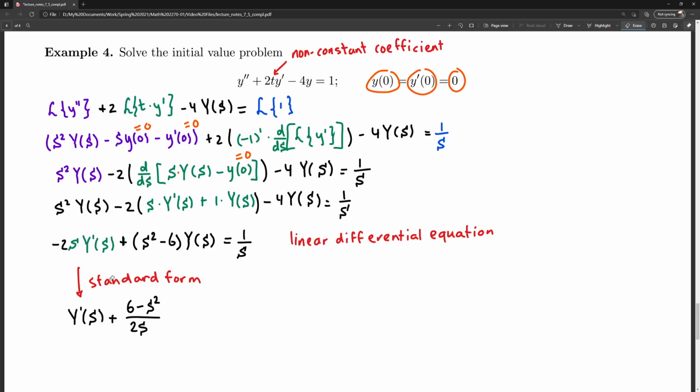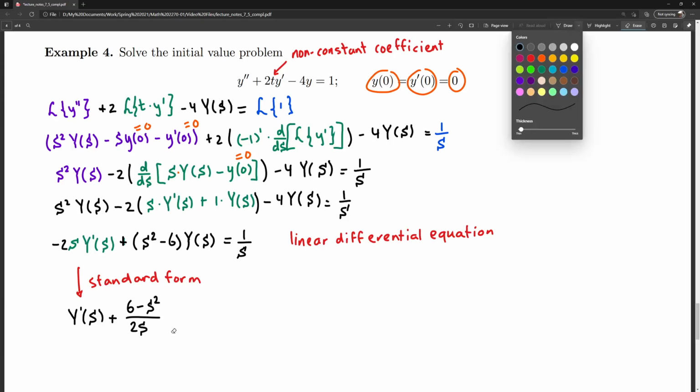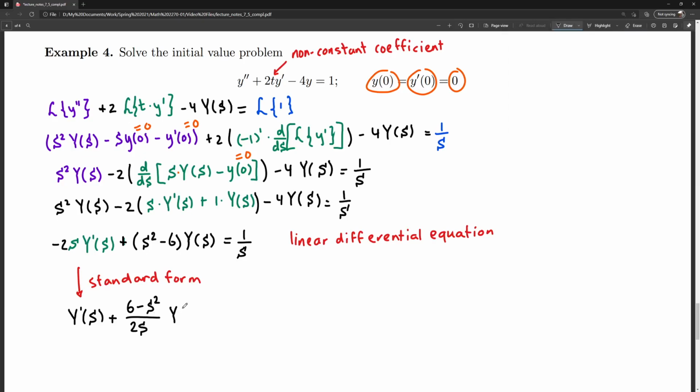We divide by a negative, so I flipped the s squared and the -6 multiplied by -1, and we then multiply that by Y of s. And on the right hand side, we get minus 1 over 2s squared. So this is a linear differential equation.